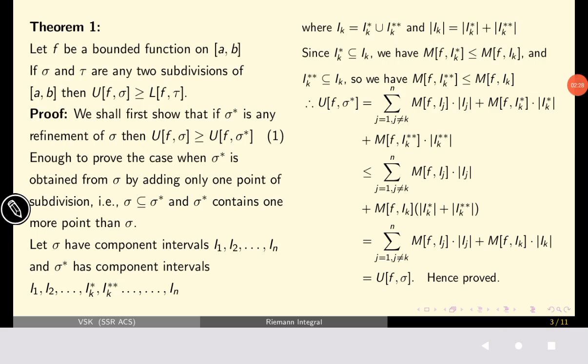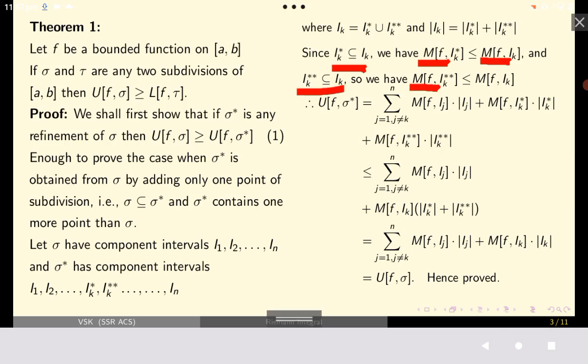Now, since Ik star is contained in Ik, this is a subset of Ik, the supremum value of f on Ik star will be clearly less than or equal to the supremum value of f on Ik. Similarly, Ik double star is a subset of Ik, so the supremum value of f on Ik double star is less than or equal to the supremum value of f on Ik, because this is a subset of this.